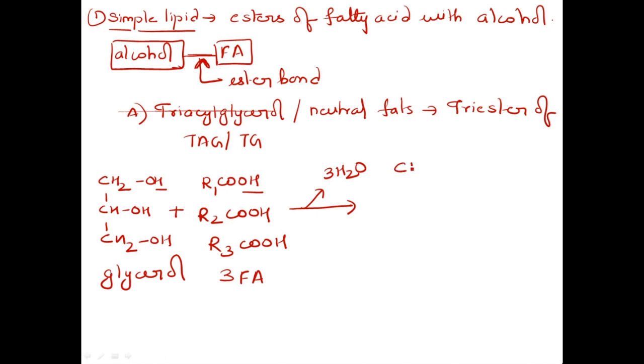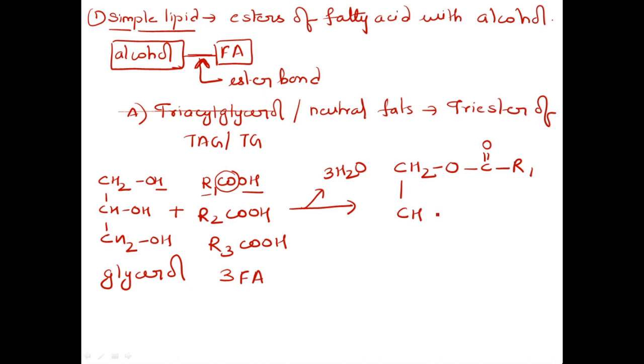That structure will be something like this: CH2O. This O came from this OH, and then C double bond O, R1. This C double bond O came from the fatty acid's COOH, and this R1 is here.